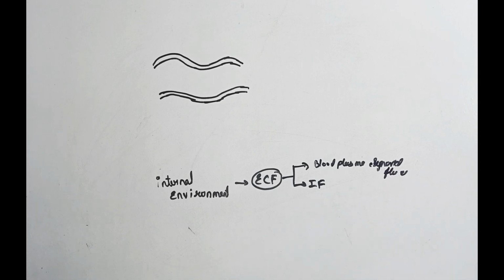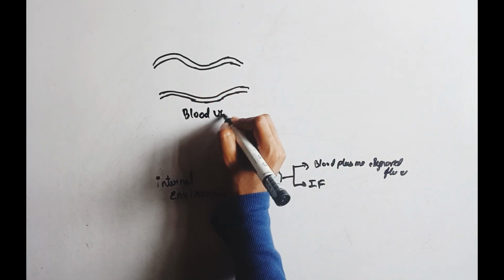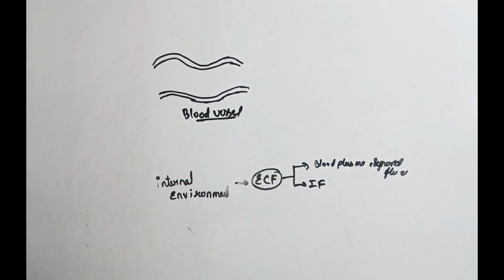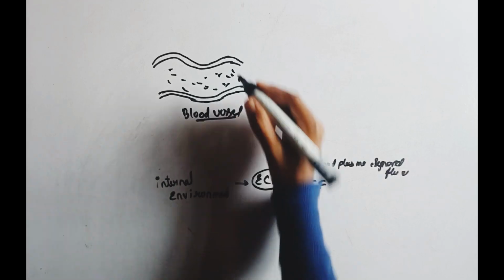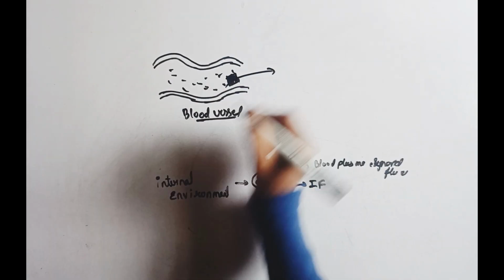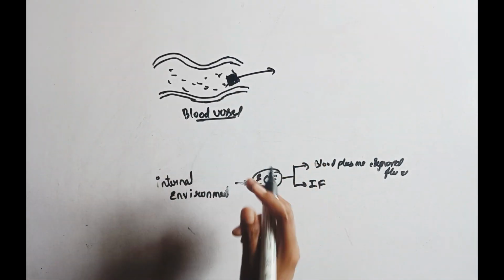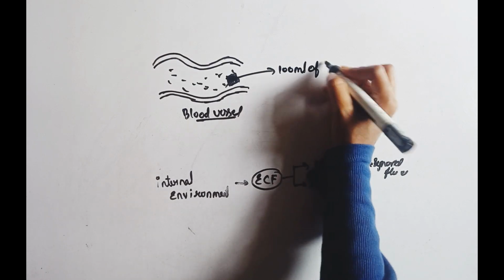Let's take one example. This is the blood vessel, and within the blood vessel, blood plasma is present. I'm taking only this part, and this part represents 100 ml of blood.